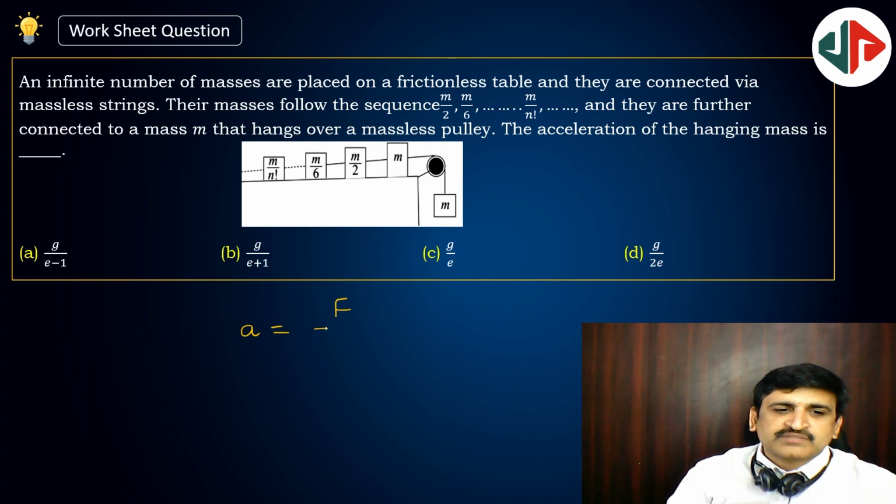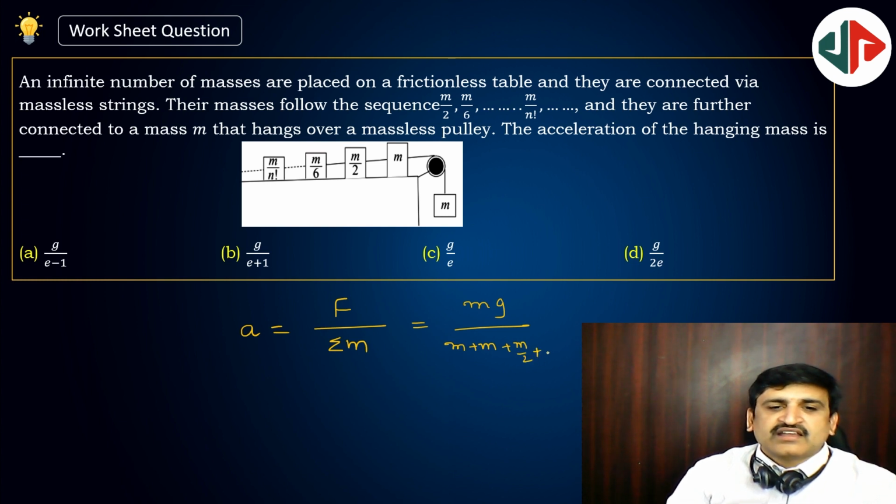So acceleration A is equal to applied force by total mass, the applied force being the unbalanced force. What is the applied force for the motion? mg, by the total mass m plus m by 2 plus and so on.